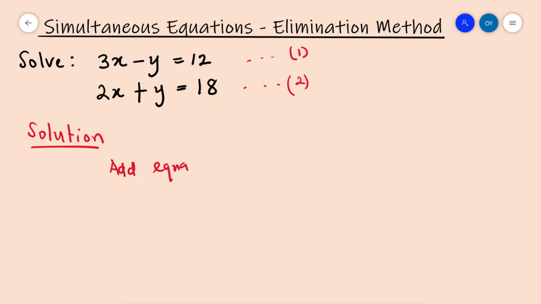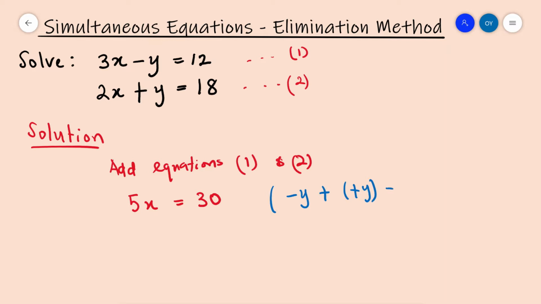So we had equation 1 and 2, and so we have 5x equal 30. That is because negative y plus y gives us 0. So we eliminated y to get x.